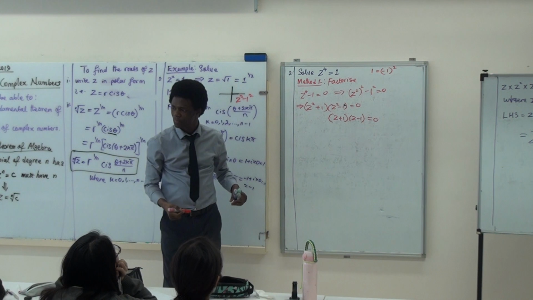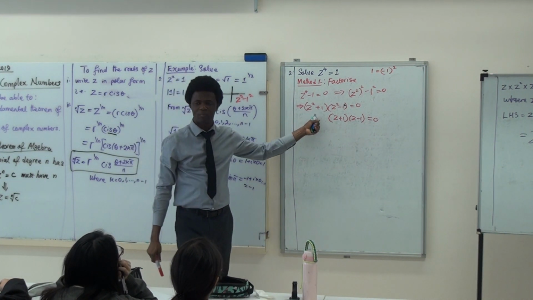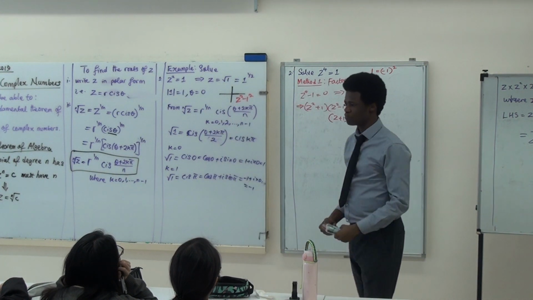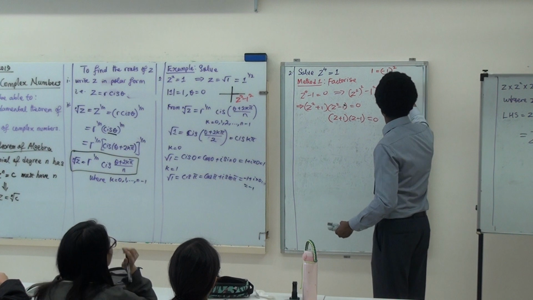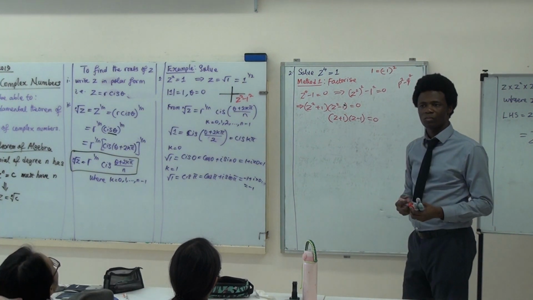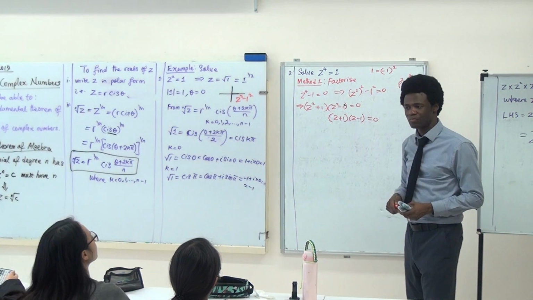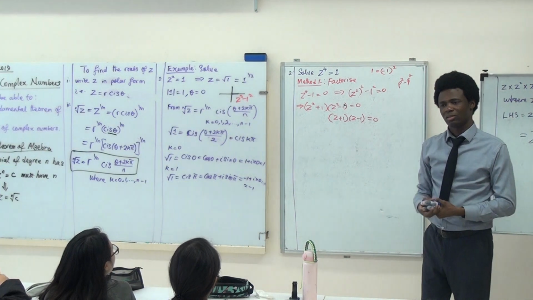What do you mean? No calculator. Can this be factorized? Quickly. Plus 1 squared. But the thing is, we want to use difference of 2 squares, which says we must have it in this form. Can you put that in this form? Think deep. Think outside the box.